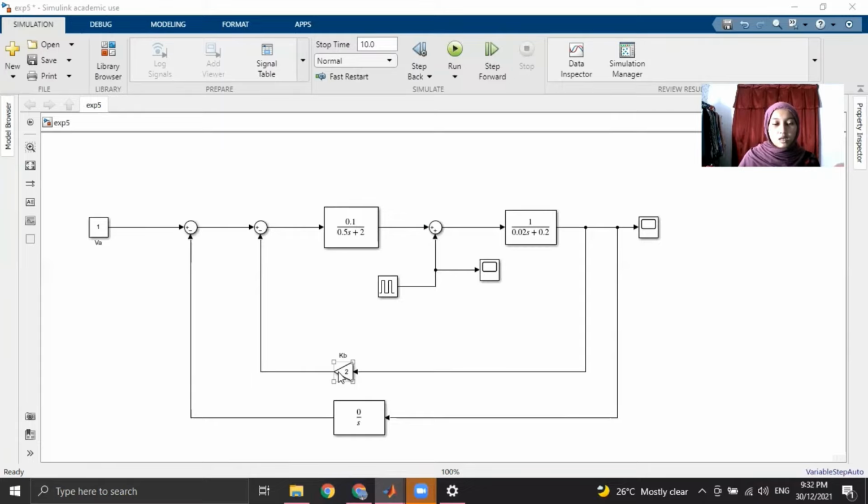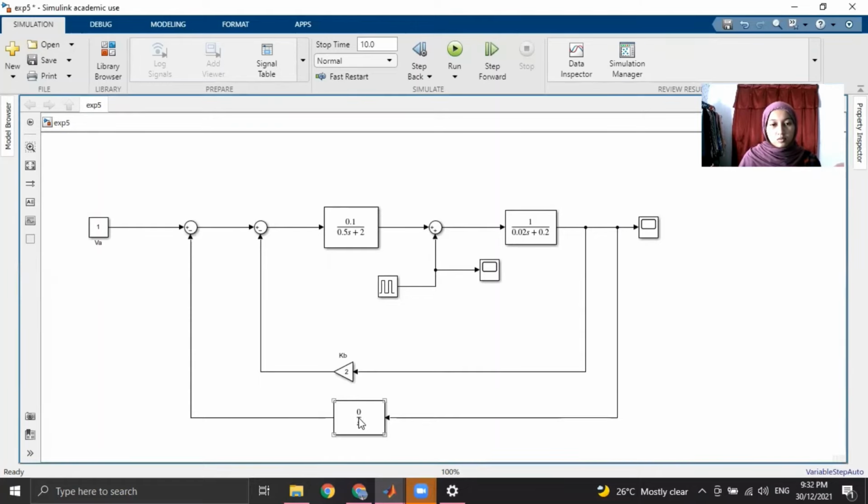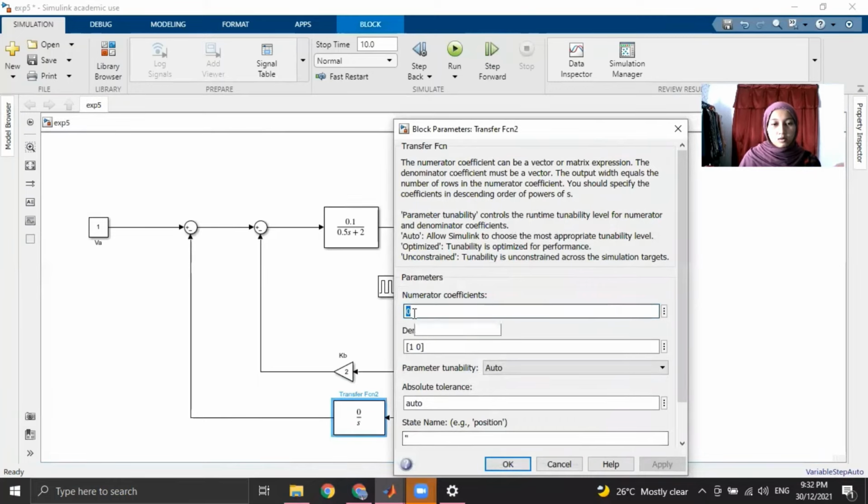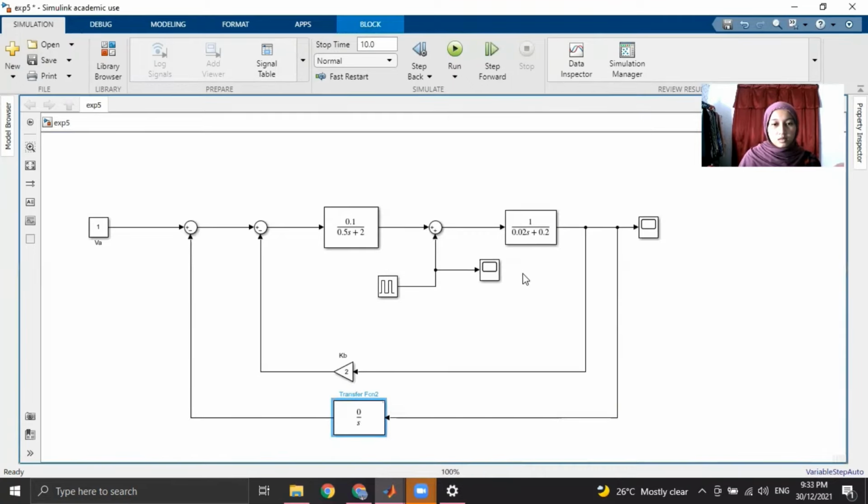Then we have the KB block, and this one is also a transfer function. So now the question is to change the value K. The value K is at the numerator coefficient. This first one is 0 over s. So I'm going to run it first.